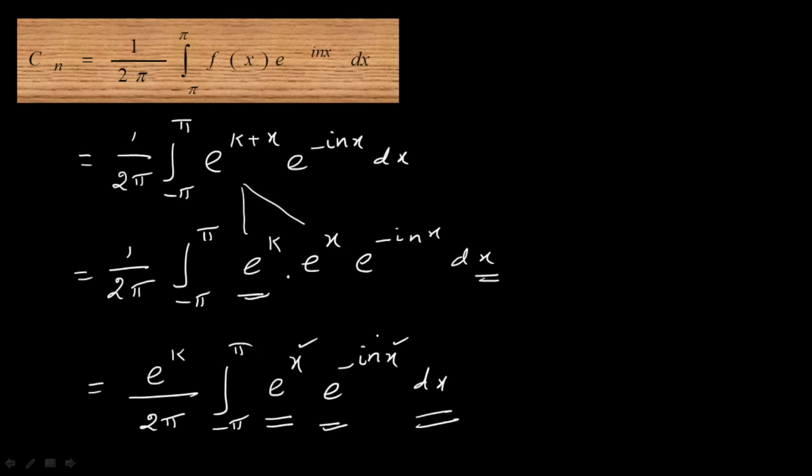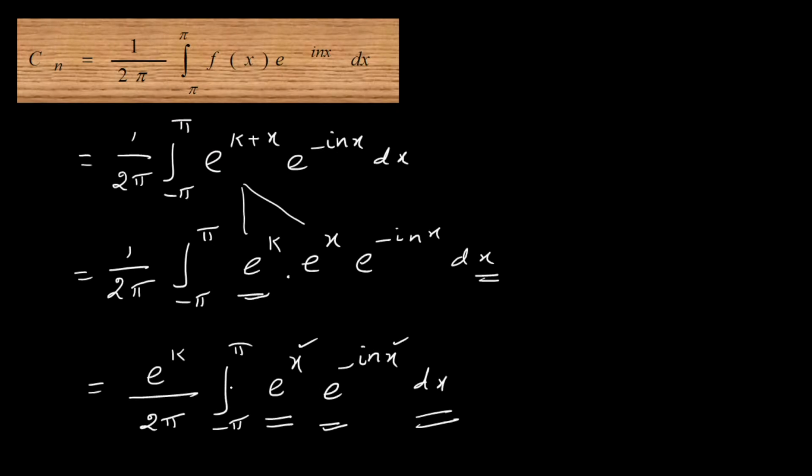Okay, so now c n is equal to e power k divided by 2 pi integral from minus pi to pi. So here we have to take x as a common term and take it outside.